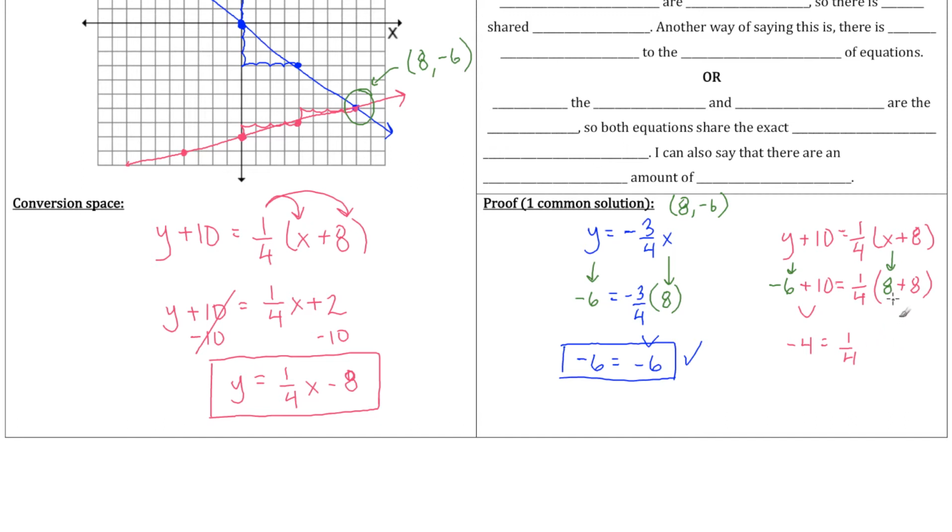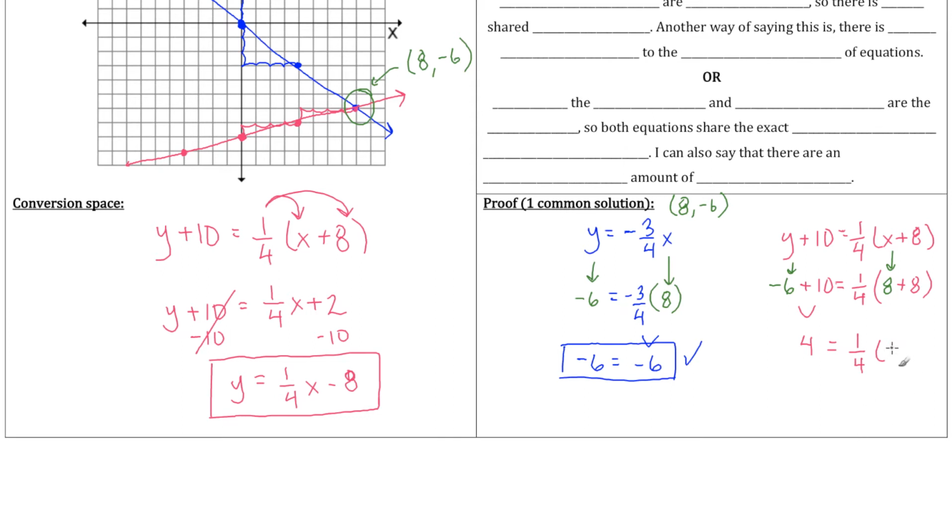Oh, I know what I did wrong. -6 plus 10 is +4, not -4. And then 1/4 times 8 plus 8 is 1/4 times 16. Okay, 1/4 times 16.